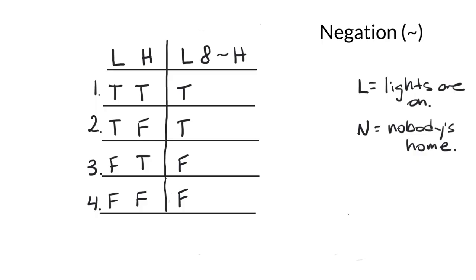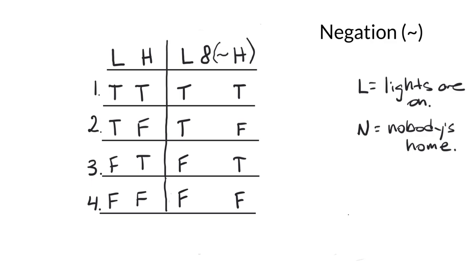So in row 1, H is true. Row 2, H is false. Row 3, H is true, and row 4, H is false. That's just H. That's not the negated H. So now this part, you don't have to put parentheses, but I just want to be clear. Let's put the truth value for that statement, the negated H, that it is not the case that nobody's home.